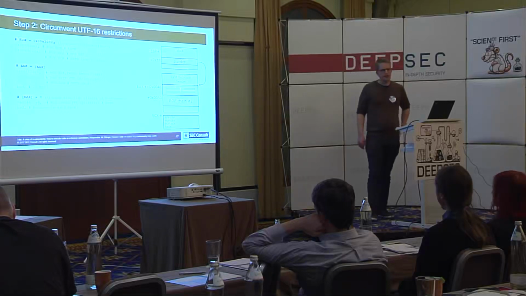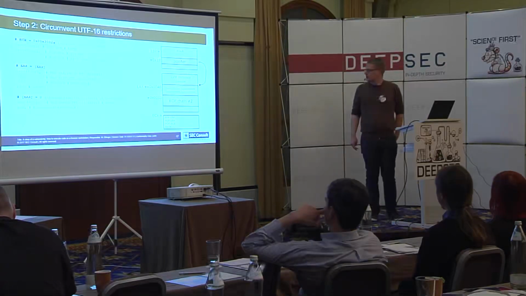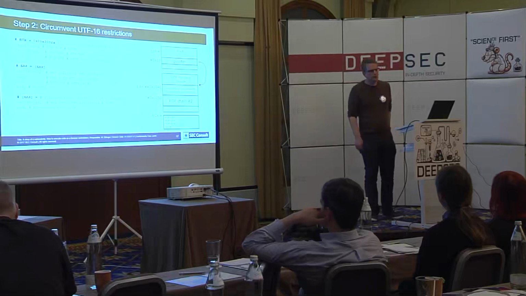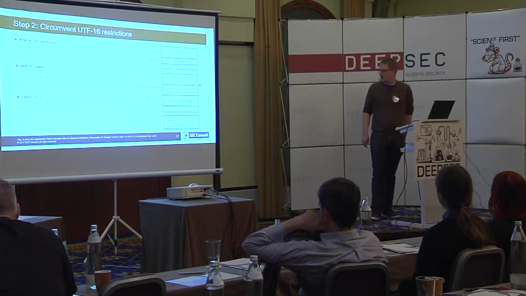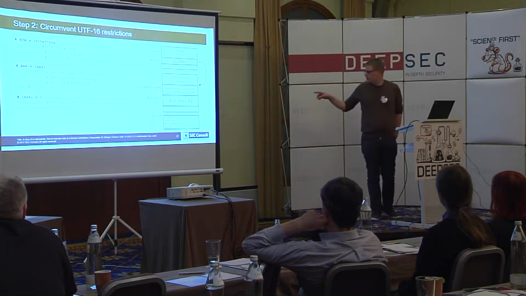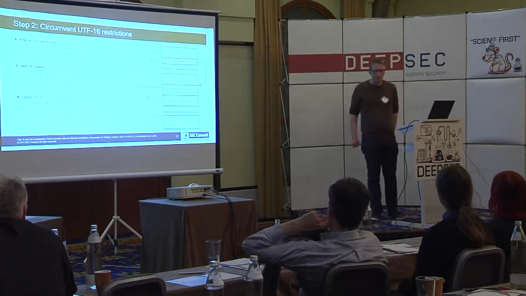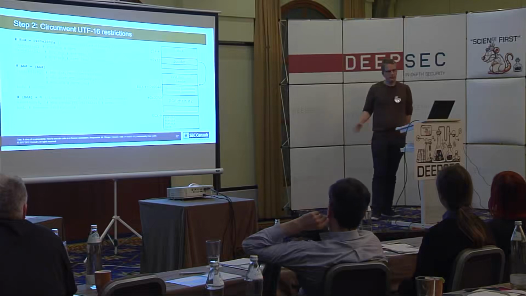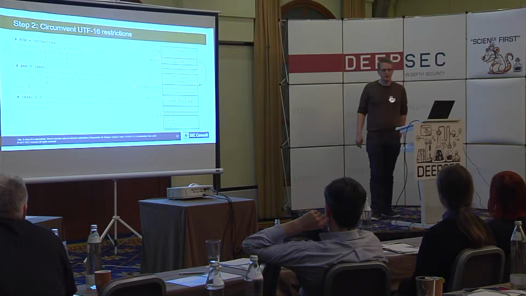And now you can see the location is not the location of the second ROP chain. The reason for this is if we would put the second ROP chain at this offset, then the application would no longer recognize the disk image as a valid LVM disk.